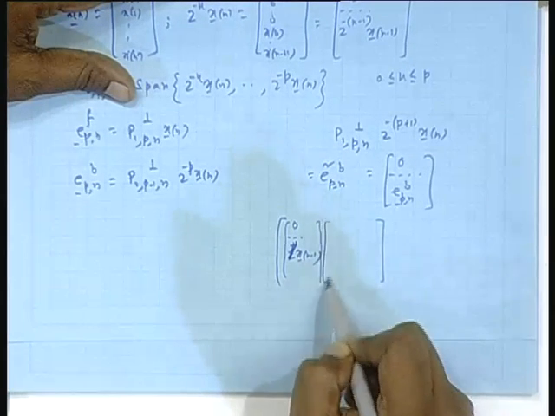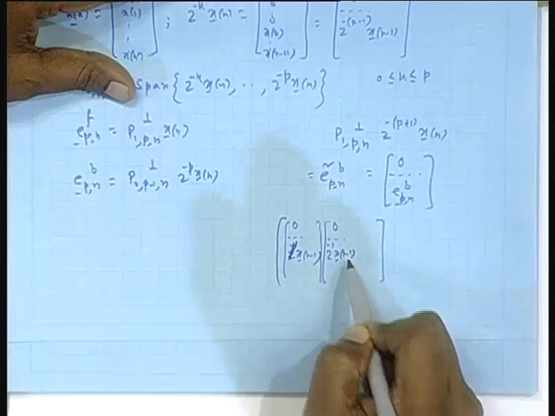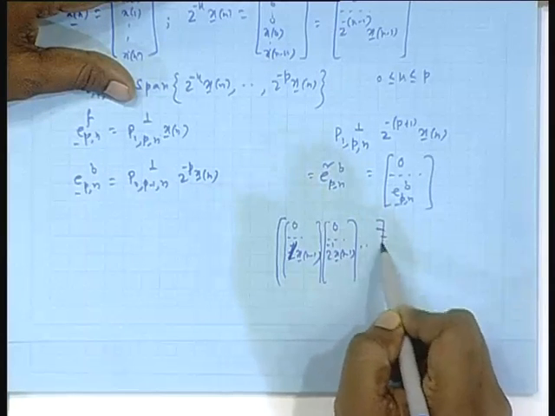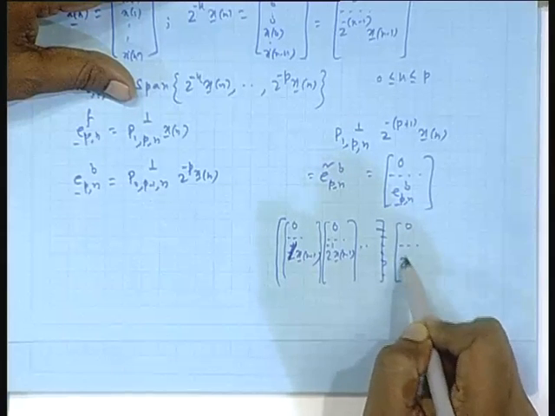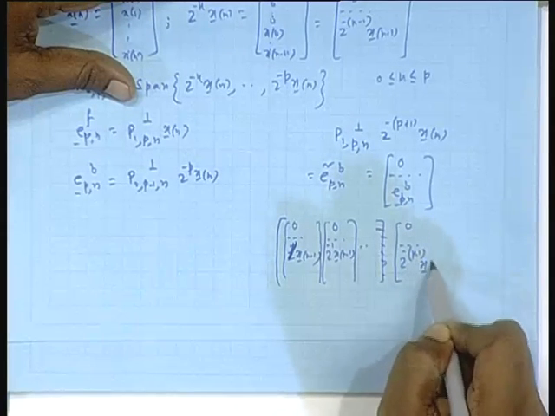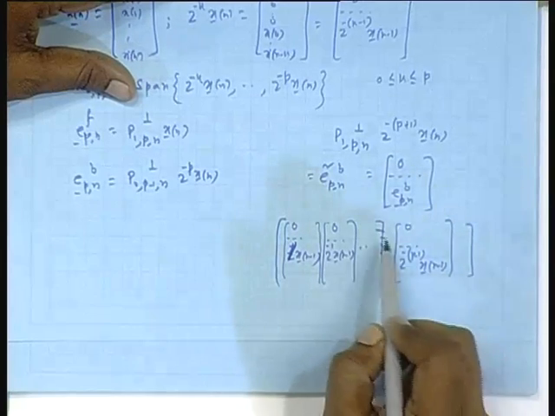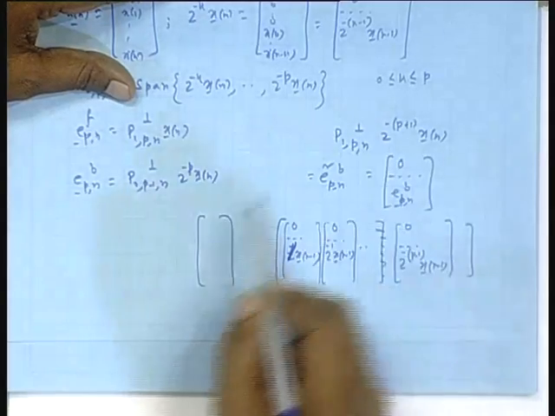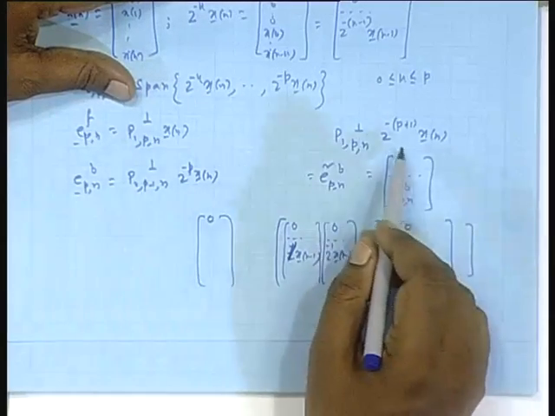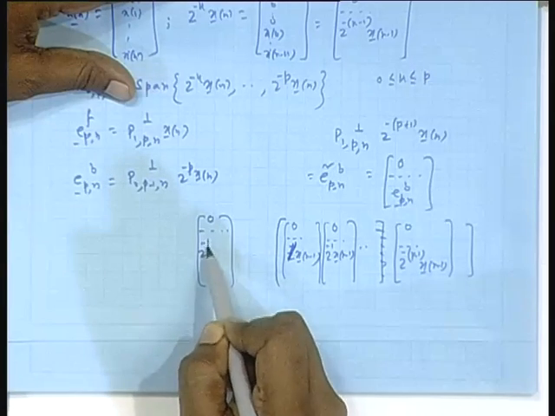Then the next column was 0, z to the power minus 1 x n minus 1, dot dot dot, 0, dot dot, z to the power minus p minus 1. These are the columns, okay. And you are projecting this fellow. This fellow means there is a 0 on top, in fact p plus 1 zeros, but you can write that as though z to the power minus p x n.